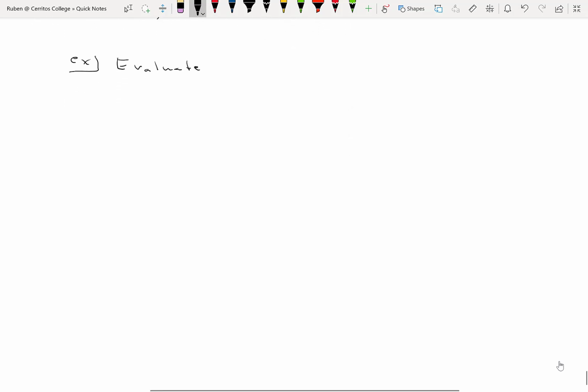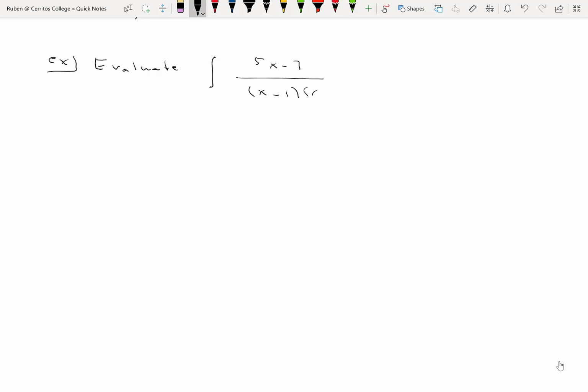So our next example is to evaluate the integral of 5x minus 7 in the numerator over x minus 1 times x minus 2. Okay, so the denominator is the product of distinct linear factors in the function we're integrating.